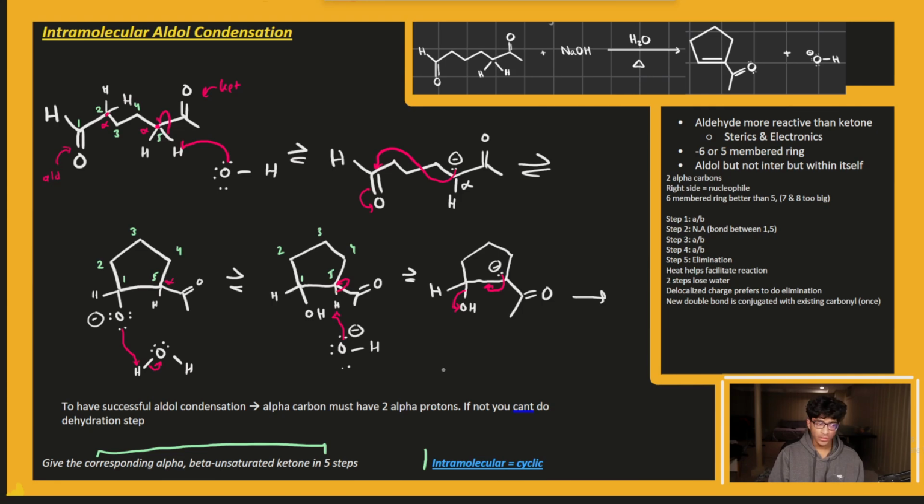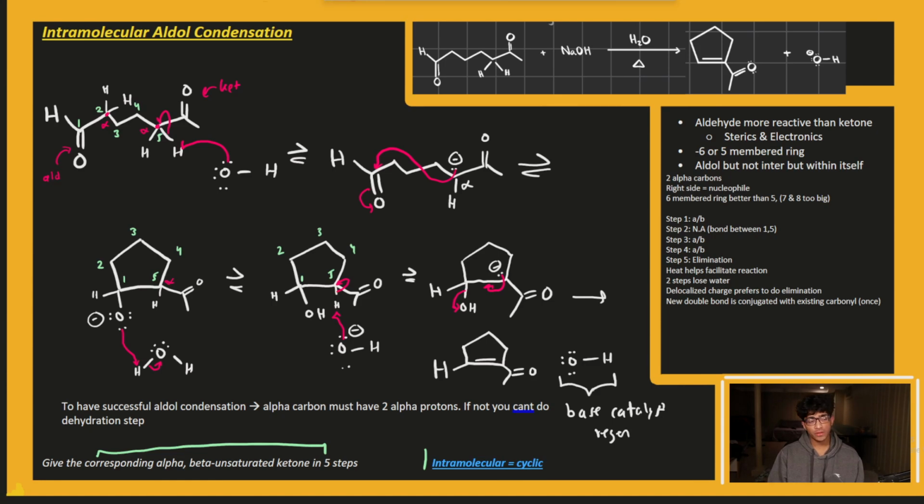The driving force for this is that we're making a double bond that is conjugated with the ketone. The double bond is conjugated with the existing carbonyl. Okay, so now this is our answer, and we have a ketone. And then obviously the base catalyst is regenerated.